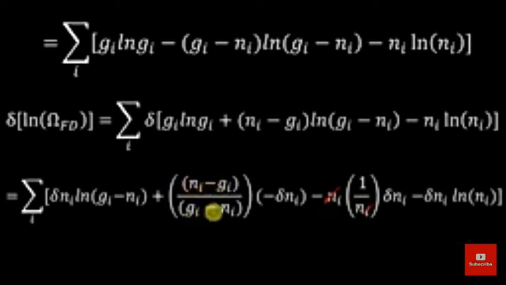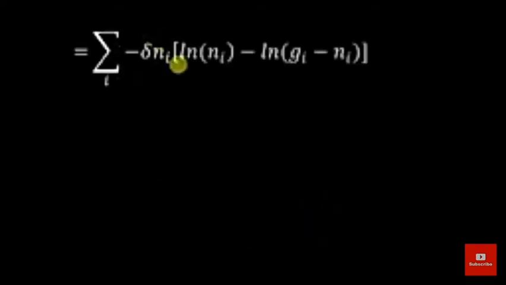This is (ni minus gi) and this is (gi minus ni), but if we take the minus sign and multiply, we have plus (gi minus ni). So these cancel each other. Now what remains is this dni, which is here with a plus, and here we have minus dni. So these two cancel each other, and we have the remaining two terms in here.